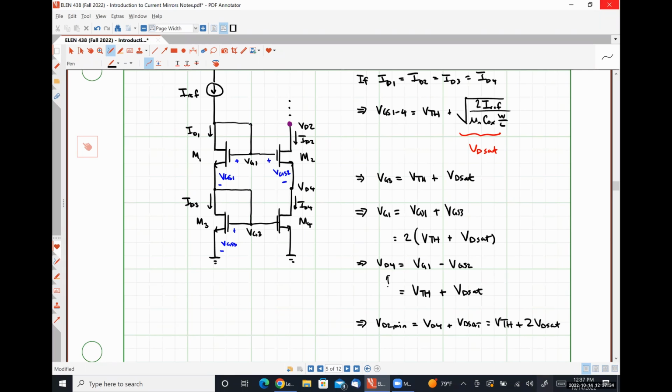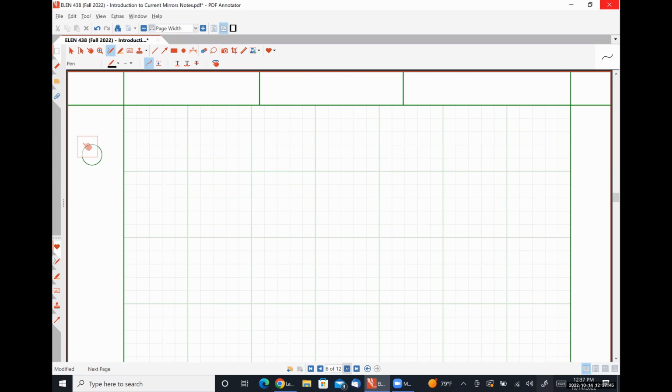And this is going to be accomplished by using what is called the wide swing. Here we have option number 4. The wide swing, also known as the high swing cascode current mirror.